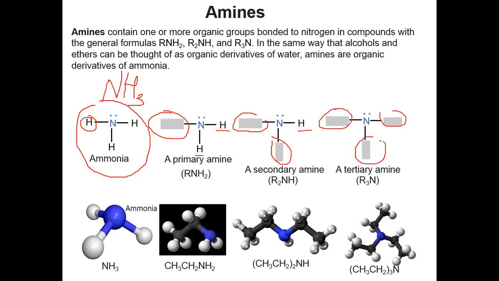So this is the difference between ammonia and amines. But again, if you think about ammonia, the very similar thing is amine. So this is ammonia, it's nitrogen, this is hydrogen, and if you look here, it's the same thing. This is nitrogen, and it's connected to three organic groups, okay?